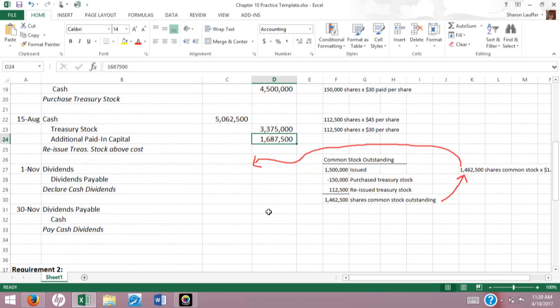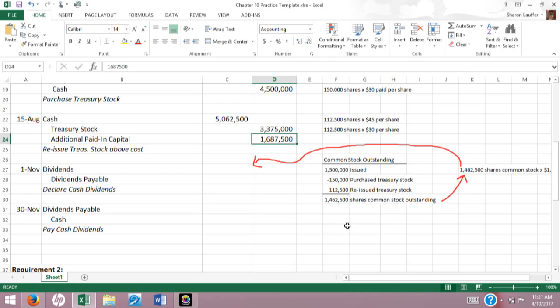We're going to go all the way to November the 1st, and we are declaring dividends. It says on November the 1st, we declare a cash dividend on common stock of $1.50 per share and a $480,000 cash dividend on preferred stock payable to all stockholders of record on November the 15th. And then it says, hint, dividends are not paid on treasury stock.